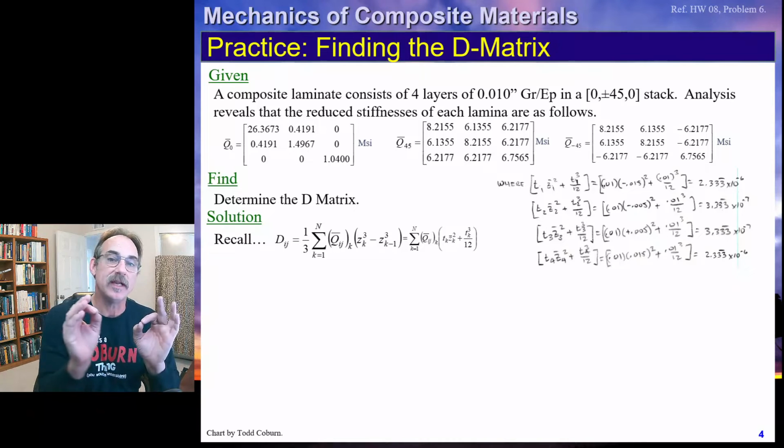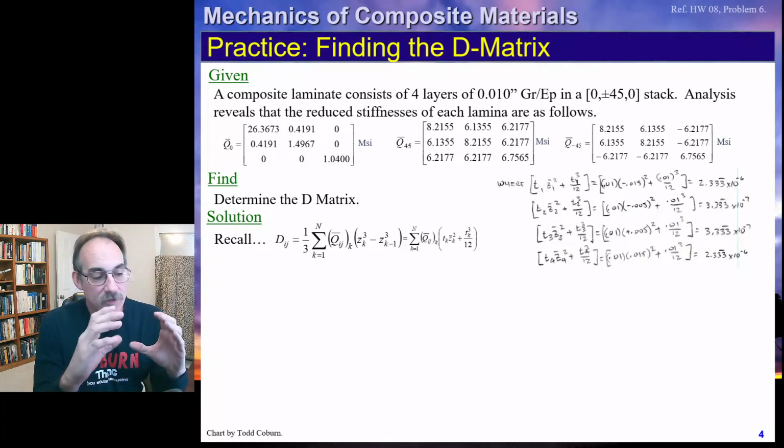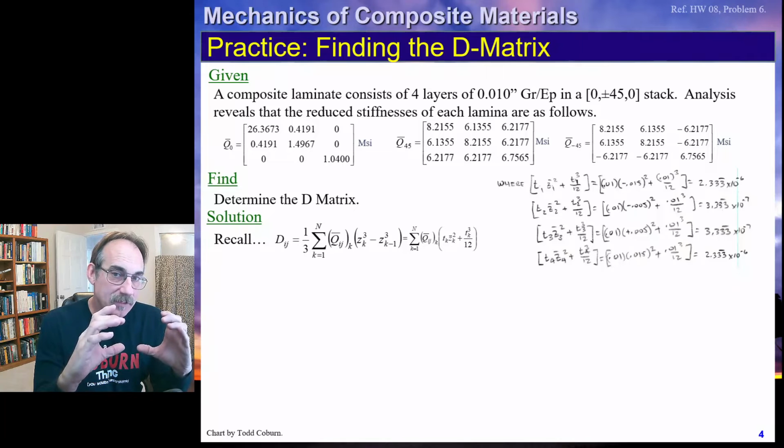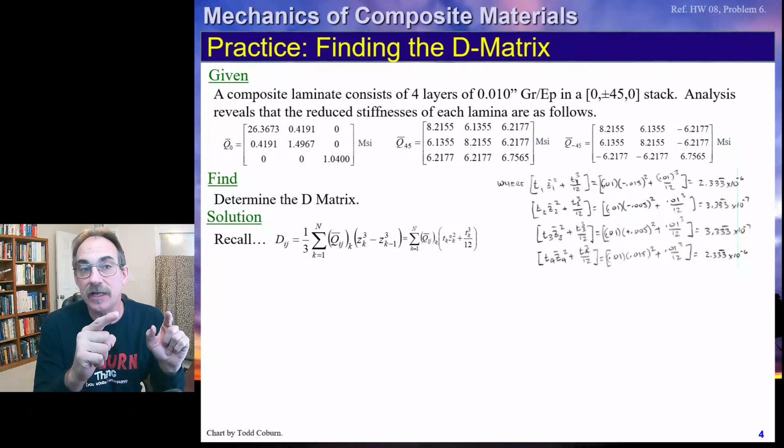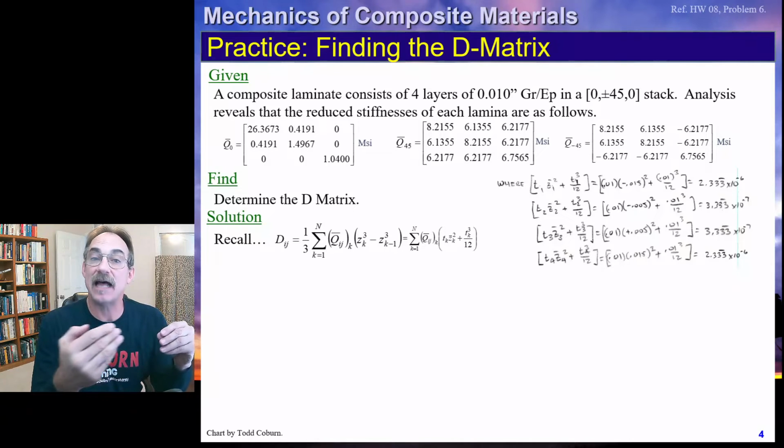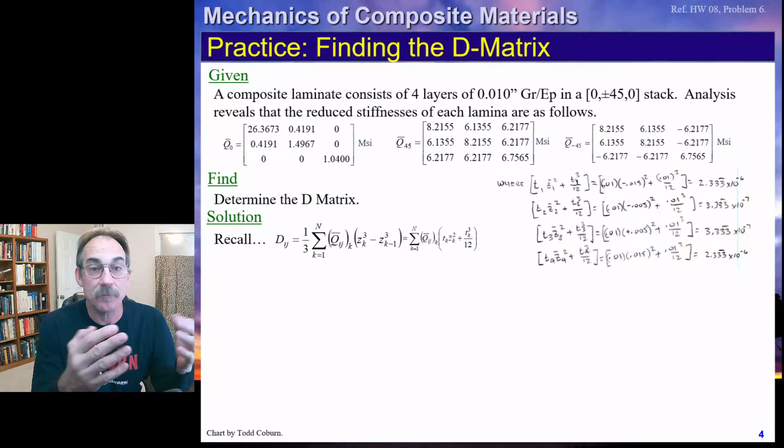If you are a student, it's critical that you both sketch that element, that laminate, identify those Z positions and the thicknesses, and then work from that sketch when you're computing these, and then check and think about what you've written before moving onward and investing a lot more time with an erroneous answer.